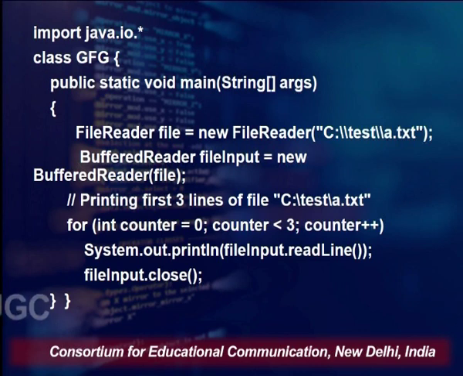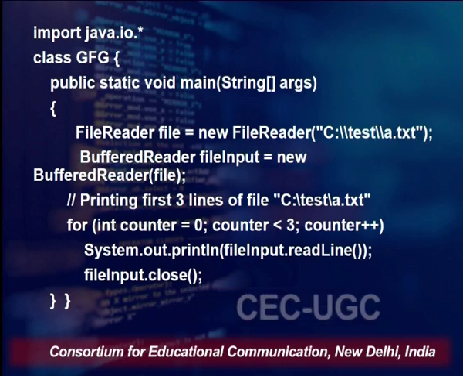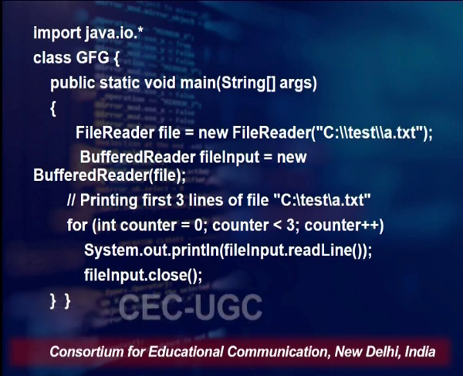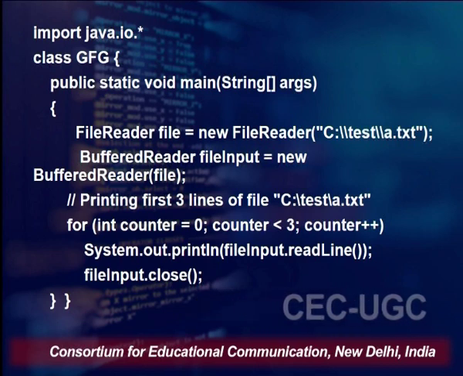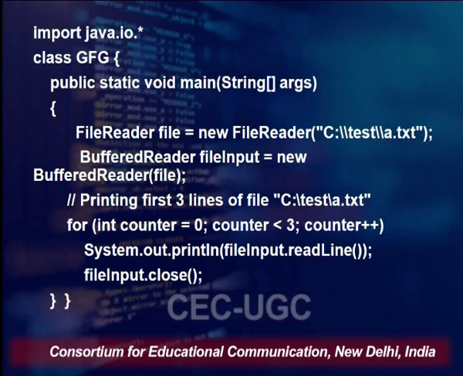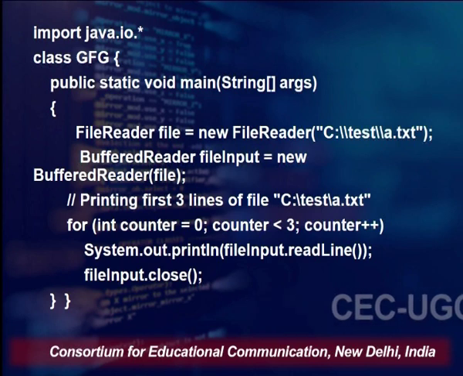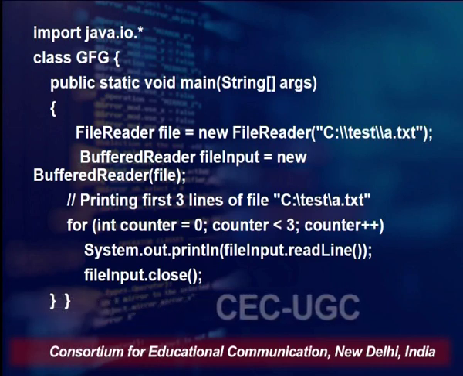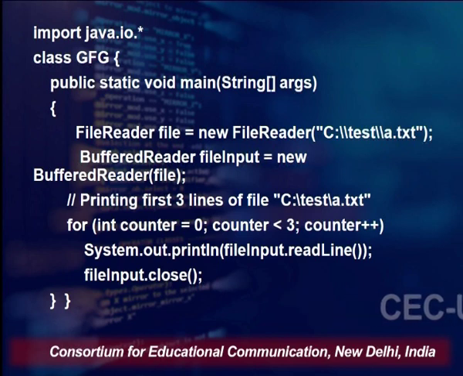For this whole process we also need something known as a buffer. So for that we have BufferedReader: BufferedReader fileInput equals new BufferedReader, and within it we pass the argument file, which is an instance variable pointing towards the object of the class FileReader, the file from which you want to read those 3 lines.